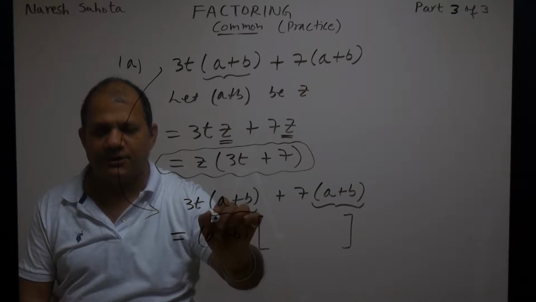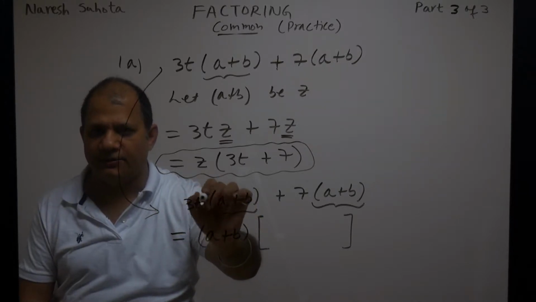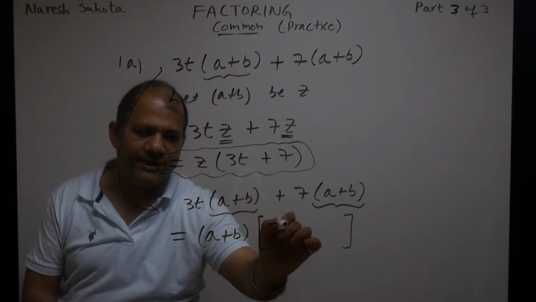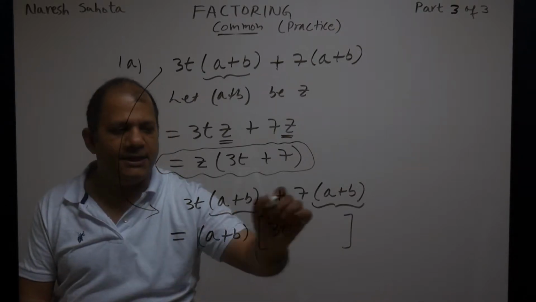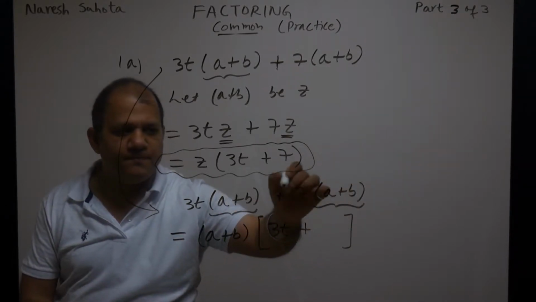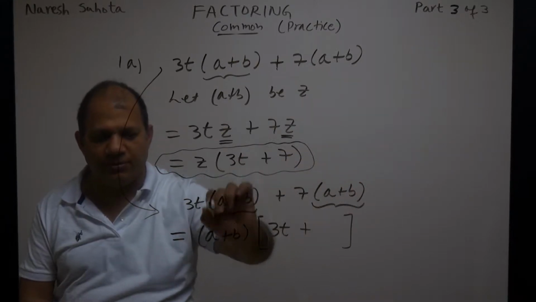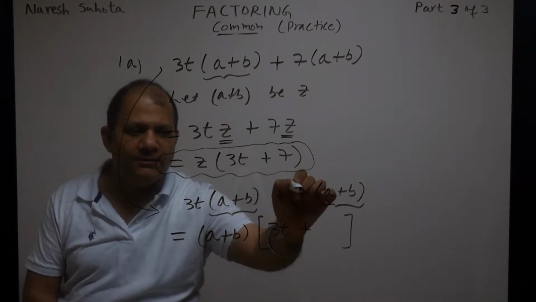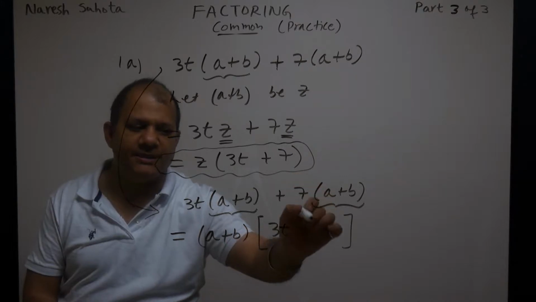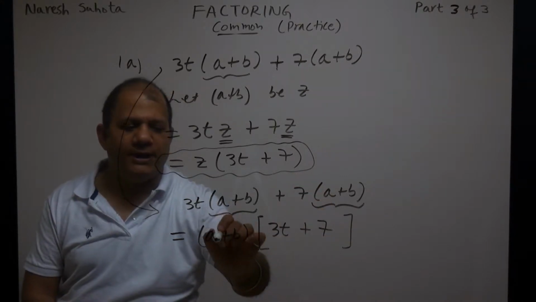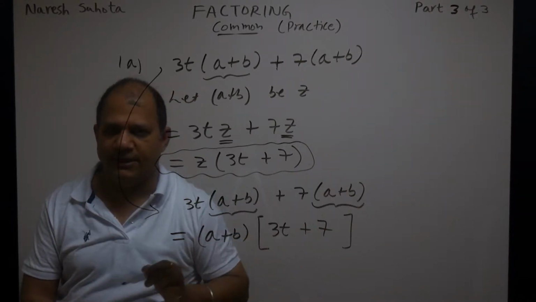The other factor that I'm left with is 3t. So that's the missing factor. And now for the second term, from this whole term, I've taken out a factor of a plus b. I'm left with a factor of 7. So that's the missing factor, right? So (a plus b) times 7 will give me that.